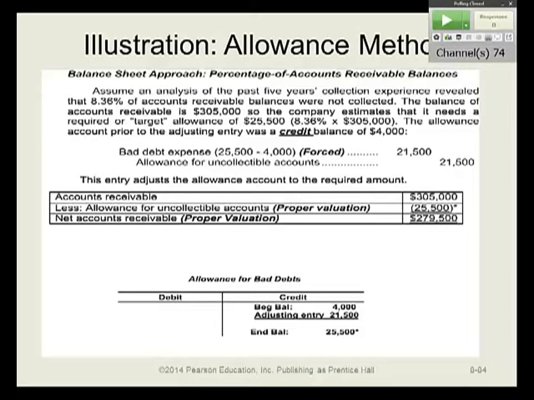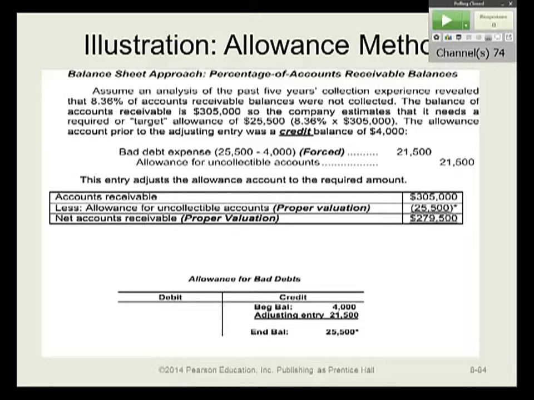So you determine that this person is going to be unable to pay their account. You're going to write this off against, now this is not direct write-off, so we're not going to use direct write-off. We're going to use the allowance method. You're going to write this off against the allowance account. Write-offs are a debit to the allowance and a credit to accounts receivable. Typically, you'd have a customer name here because you're going to have a subsidiary ledger.